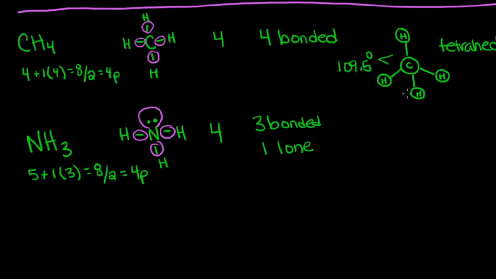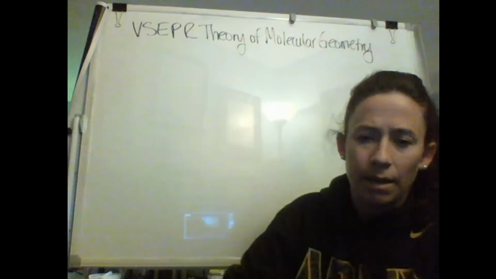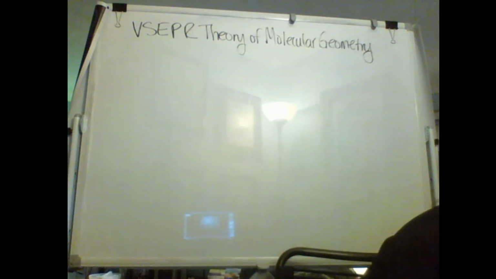So imagine in this tetrahedral arrangement that I had up here before, if that wasn't a bonded hydrogen, if in fact that was a lone pair taking up more space, what's going to happen to this bond angle for these hydrogens down at the bottom? Be thinking about that as I pull up our molecule.